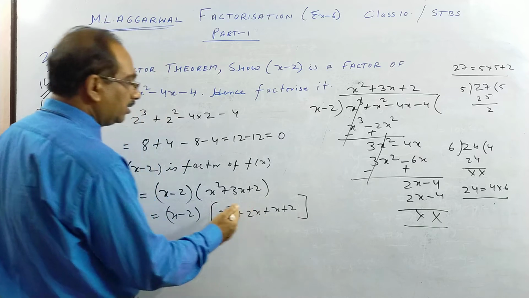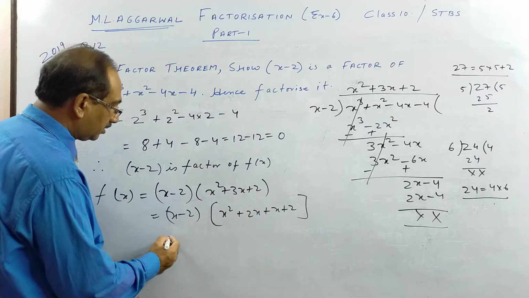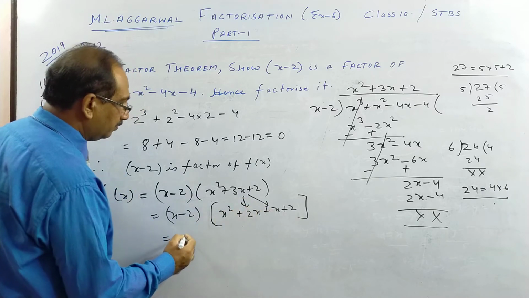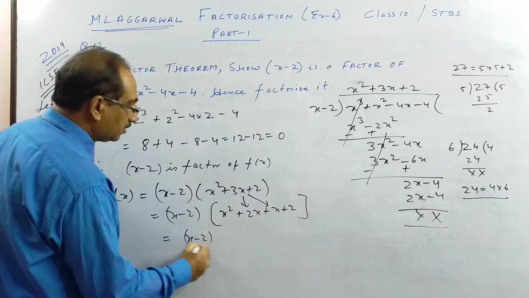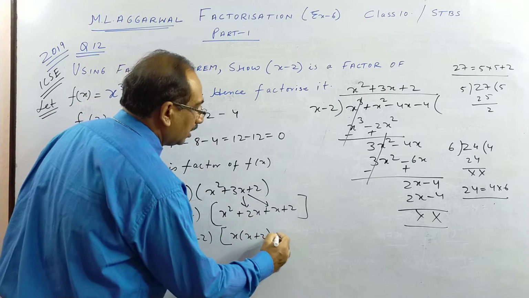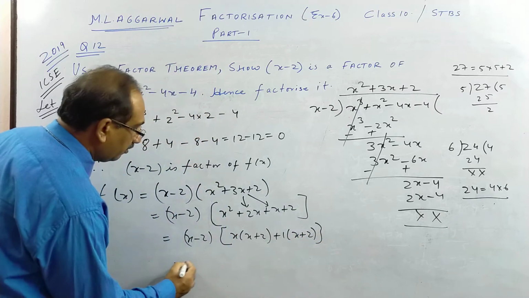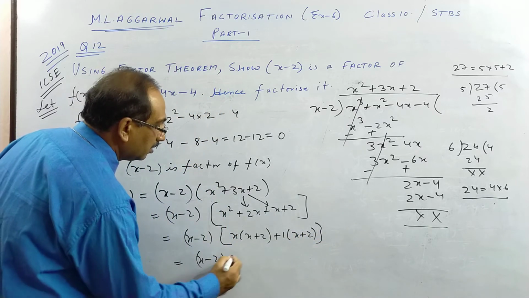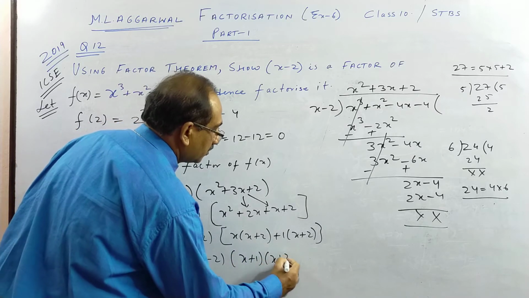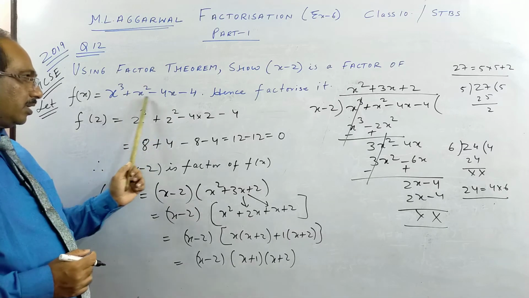This is middle term breaking, which we have seen in classes 8 and 9, where we break the middle term of a trinomial. So from x minus 2, x plus 2, I take out 1, x plus 2. Finally we get x minus 2 into x plus 1 into x plus 2. So finally we have factorized this cubic equation.